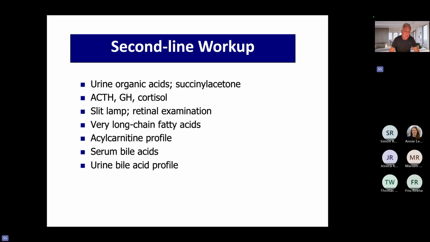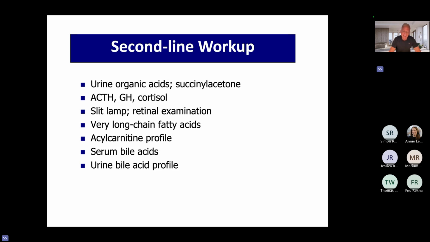Second line workup, we're looking at urine organic acid, succinylacetone. What do we get succinylacetone for? What disorder? Tyrosinemia, guys. This is stuff you've got to know, all right? Growth hormone levels, slit lamp examination, retinal examination.